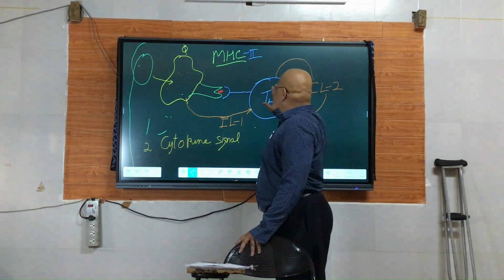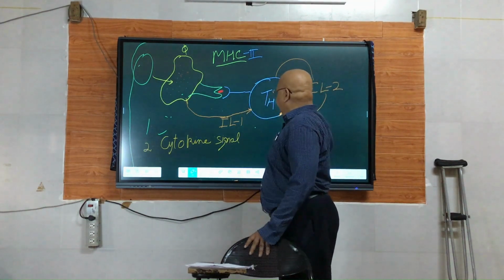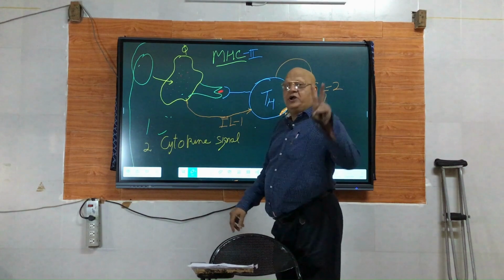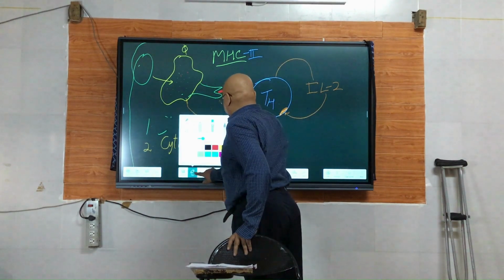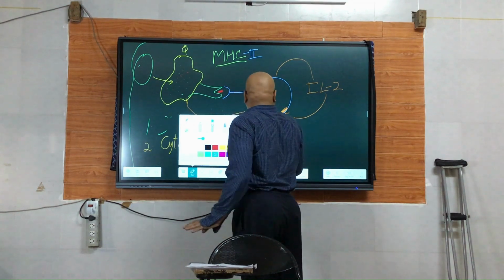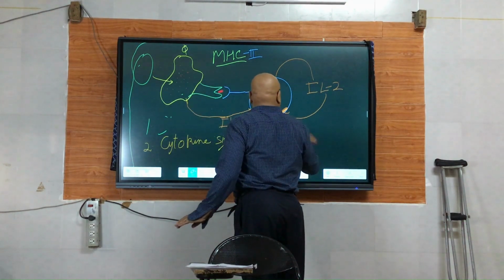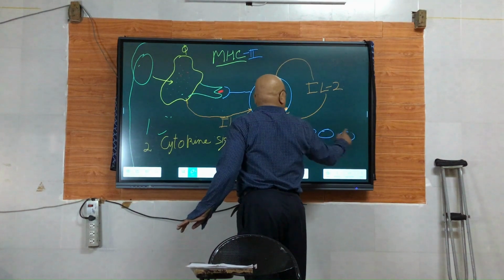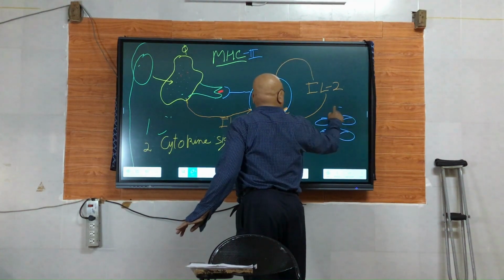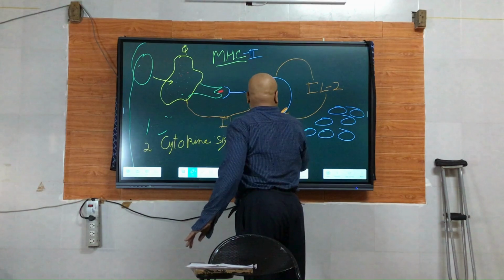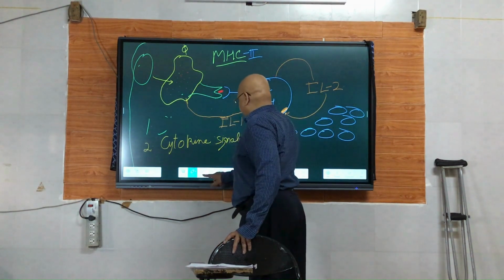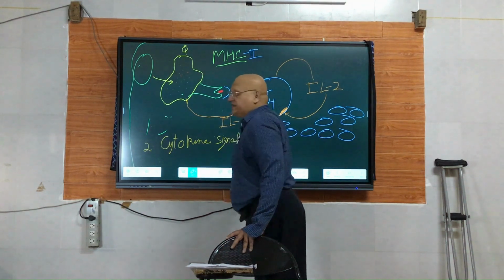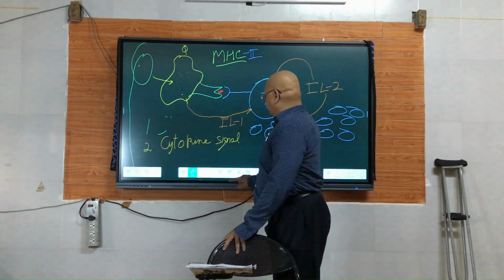So with these effects, the T helper cell is going to undergo two changes. First, the activated T helper cell is going to proliferate like anything. This process of proliferation is also called clonal expansion. So proliferation, number one, and the second is polarization.